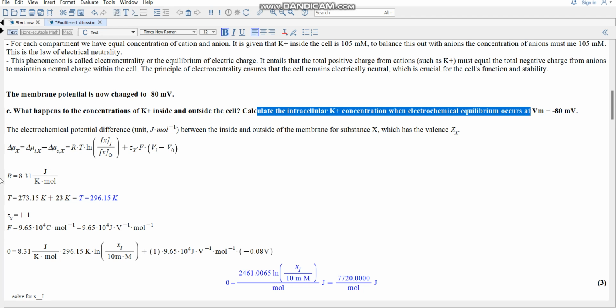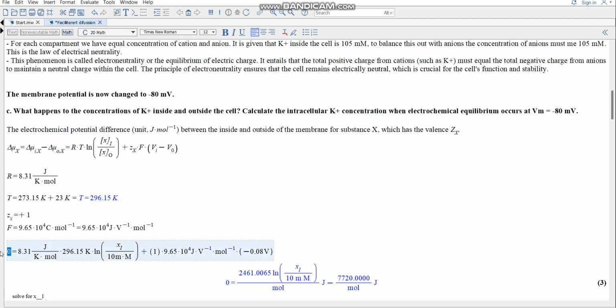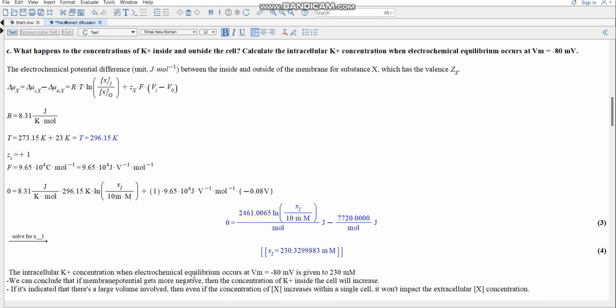So it actually means that at electrochemical equilibrium, the value is 0. So we can set all this to be 0 and solve for Xi, which is the concentration of K+ inside the cell. Of course, now it's changed to -80 millivolts, which gives us a value of 230 millimoles. Okay, so the intracellular K+ concentration at -80 millivolts is 230 millimoles.